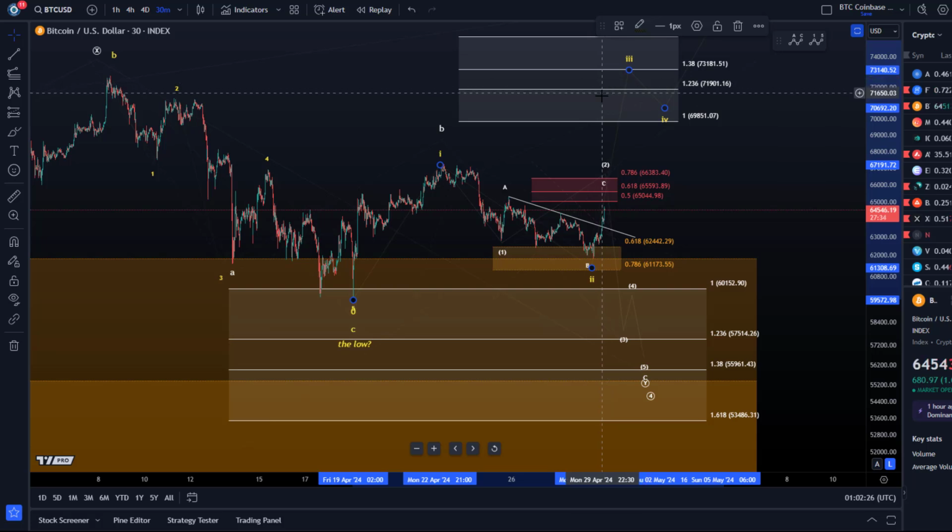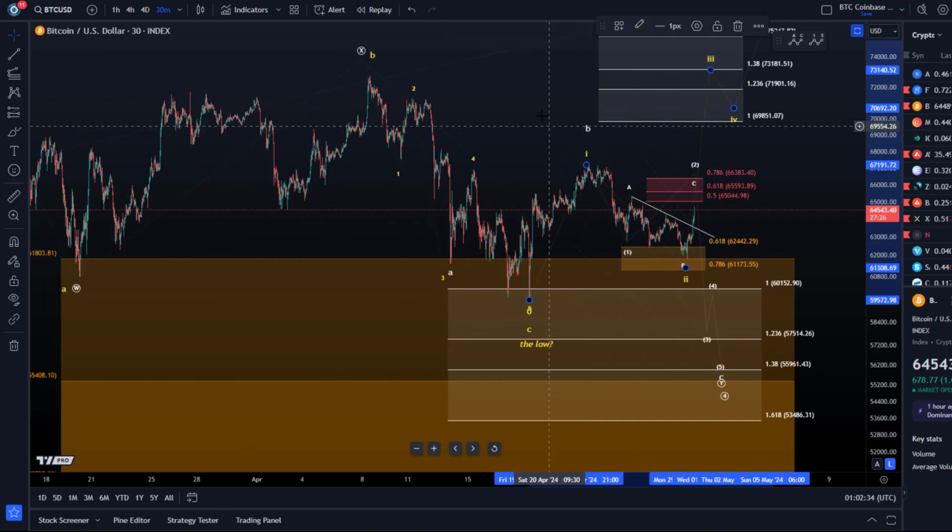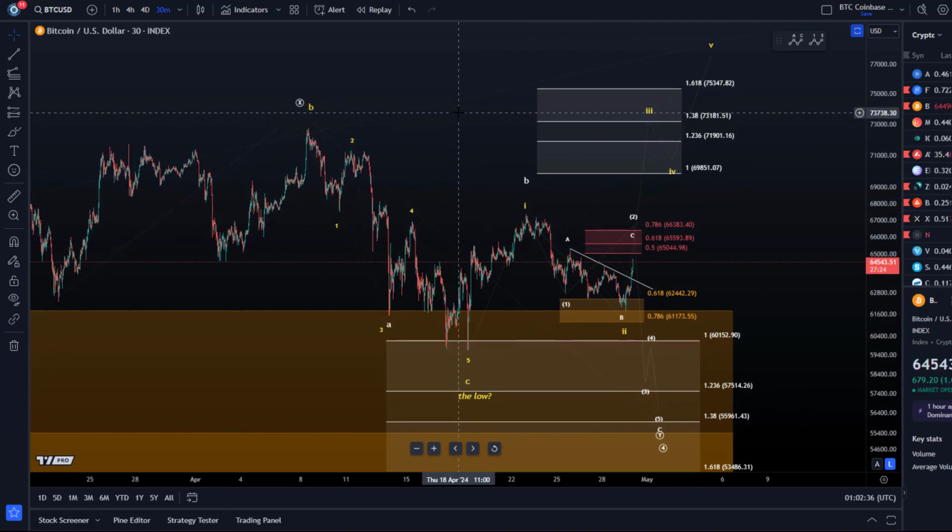Until then, this could be a lot of different stuff, and there's still potential for morphing. Again, don't be so focused on the micro. They are obviously fragile, especially in corrections. So until we get an impulse to the upside, there isn't really any clarity.